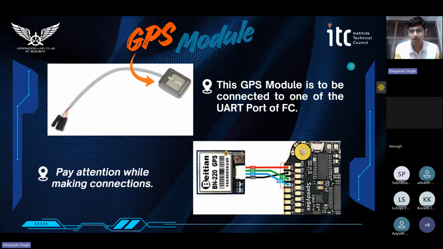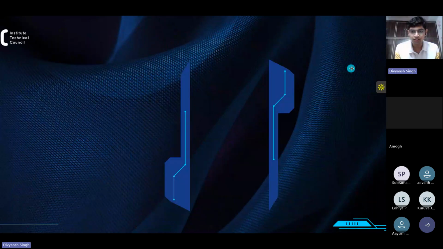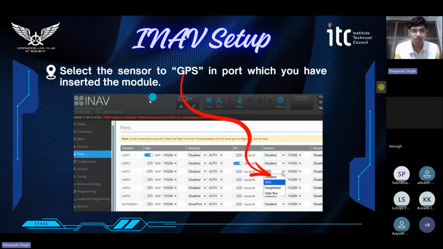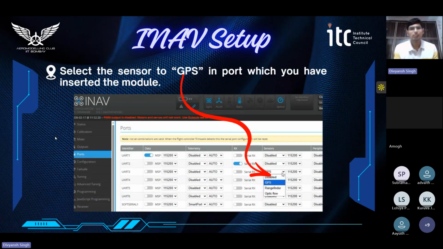So now let's look at how to connect this. Once you connect your GPS module to your flight controller, you have to come back to the ports tab, as was earlier mentioned by me. While connecting it to your flight controller, just check which UART port you are using.